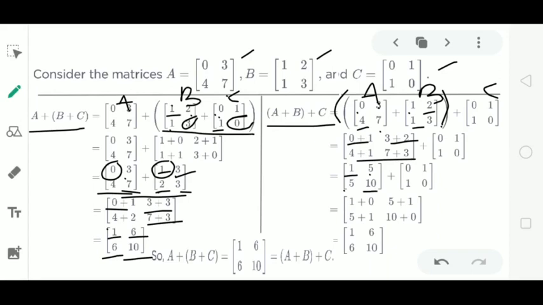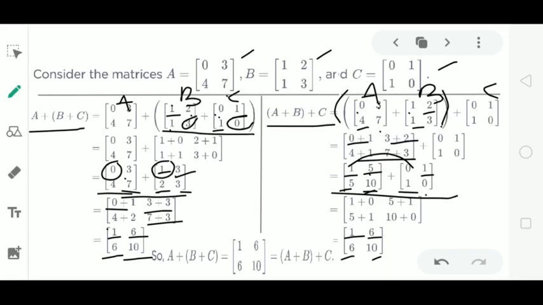And we have another matrix C which has to be added to this result. Again we are left with the sum of two matrices. So we have to add the corresponding elements of these matrices, that is 1 plus 0 is 1, 5 plus 1 is 6, 5 plus 1 is 6, 10 plus 0 is 10.